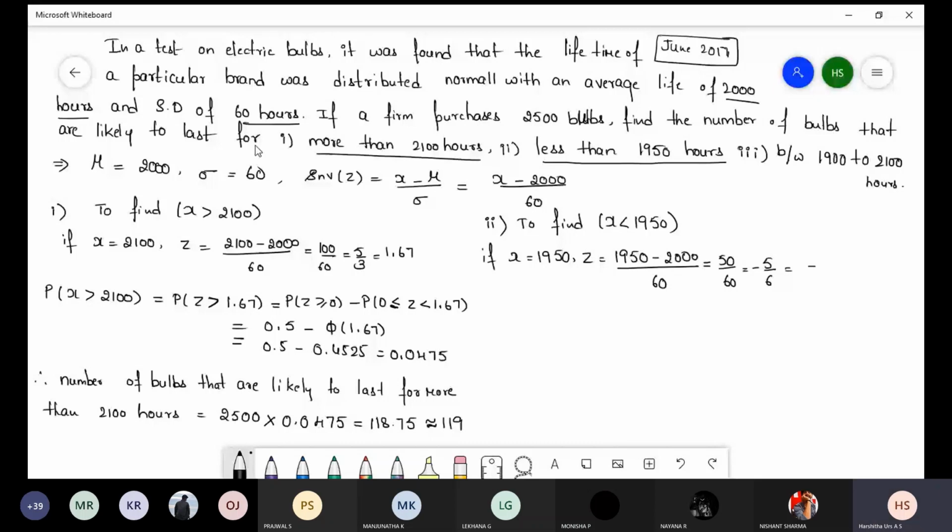So P of x less than 1950 is equal to P of z less than minus 0.83.